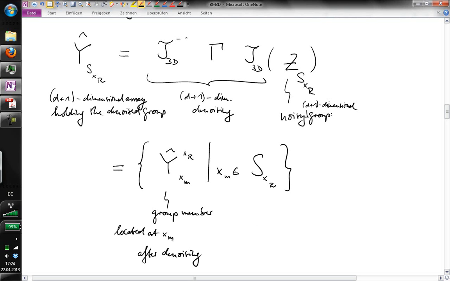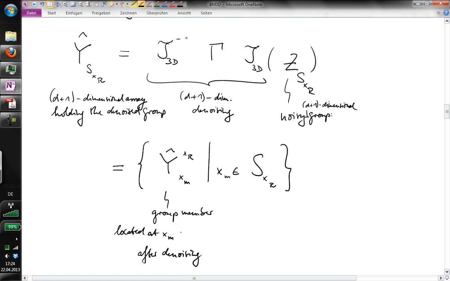I also need to say which group it has been a member of, because this 3D operation perturbs all group members in a specific way. So the way in which a patch is changed depends on what other members are in the same group. This is why I need this additional index here.